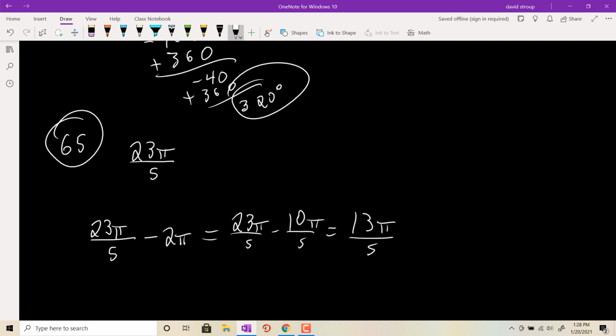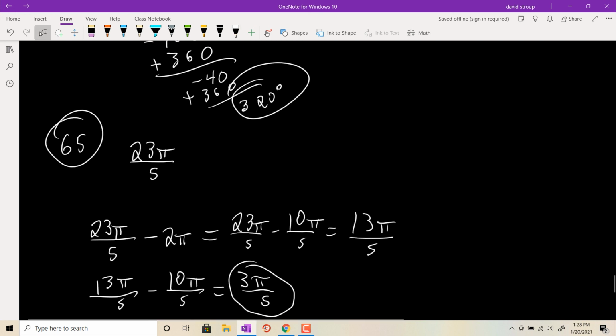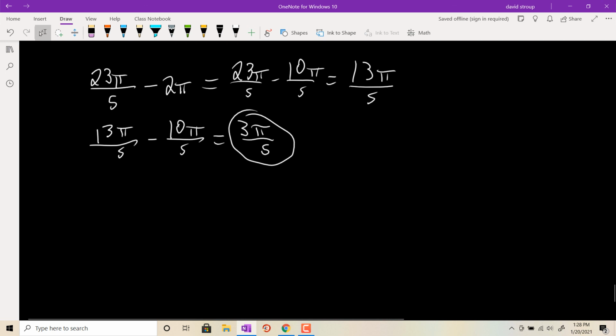So I have to do it again, using the common denominator of 5. I end up with 3 pi over 5, and that'll be my coterminal angle.